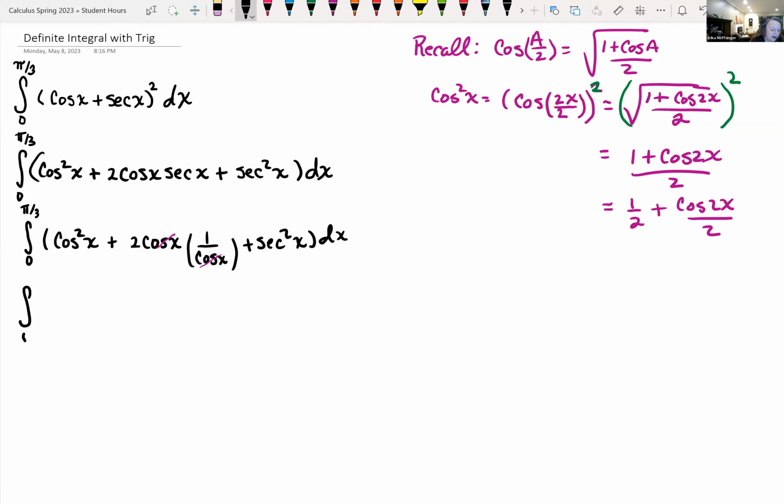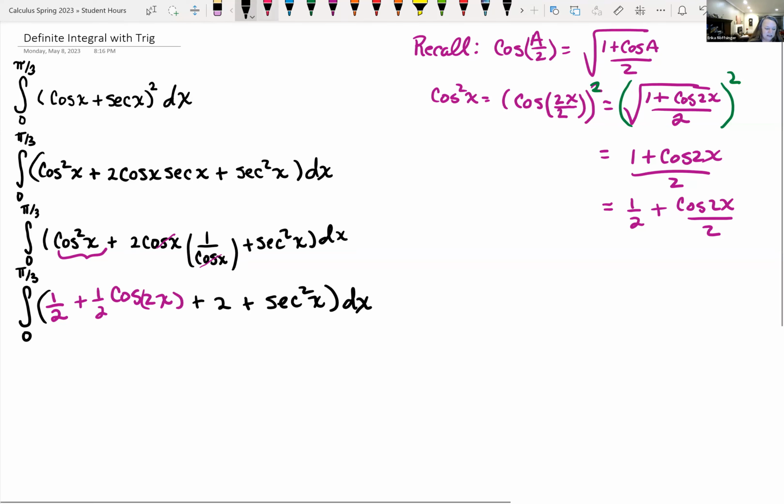So rewriting our definite integral, we have the integral from 0 to pi thirds. Cosine squared x, we just saw that's the same thing as 1/2 plus 1/2 times cosine of 2x. Bringing down our other pieces, we have plus 2 plus secant squared x. That quantity dx.